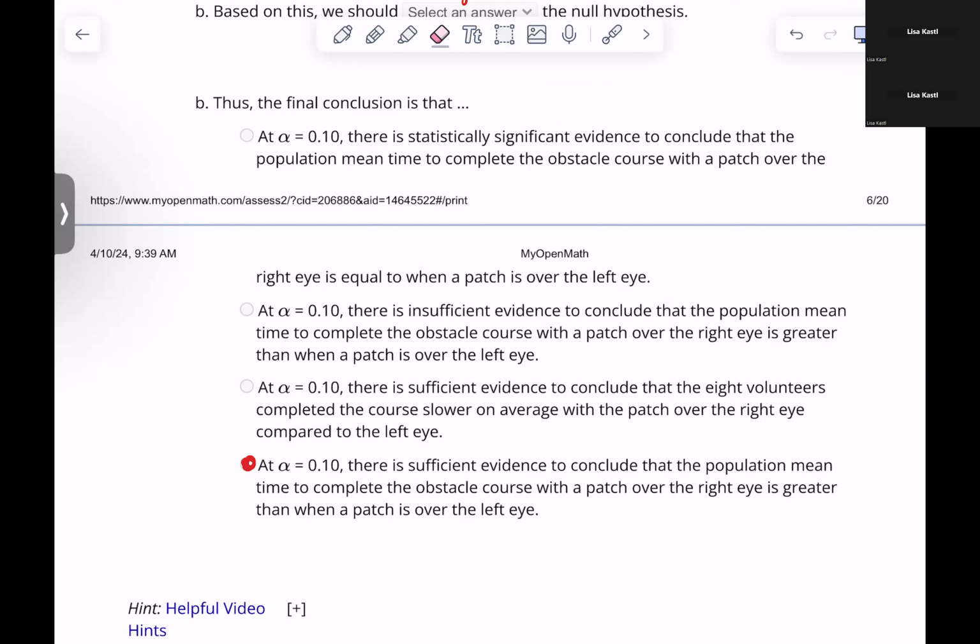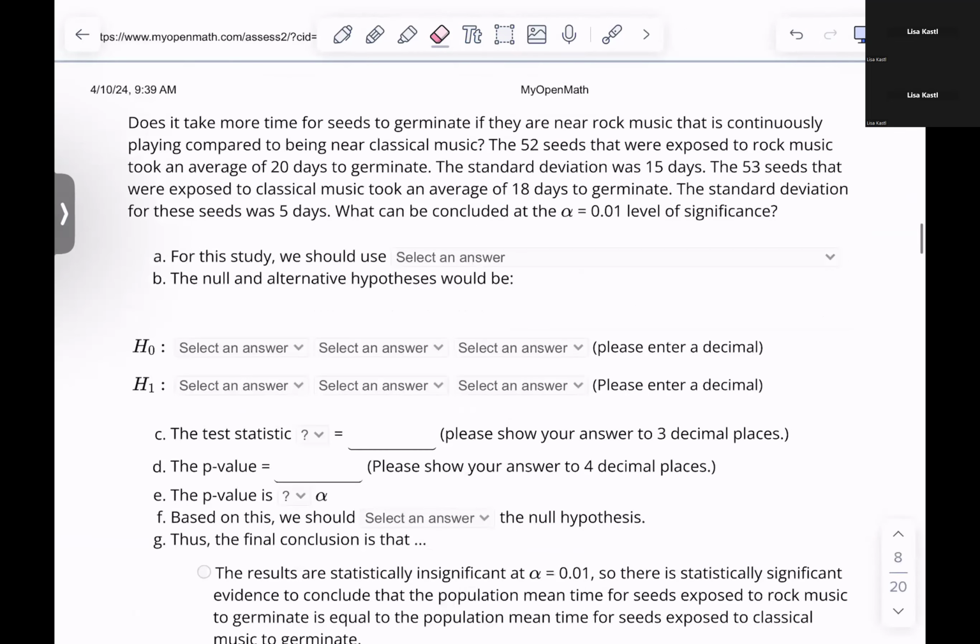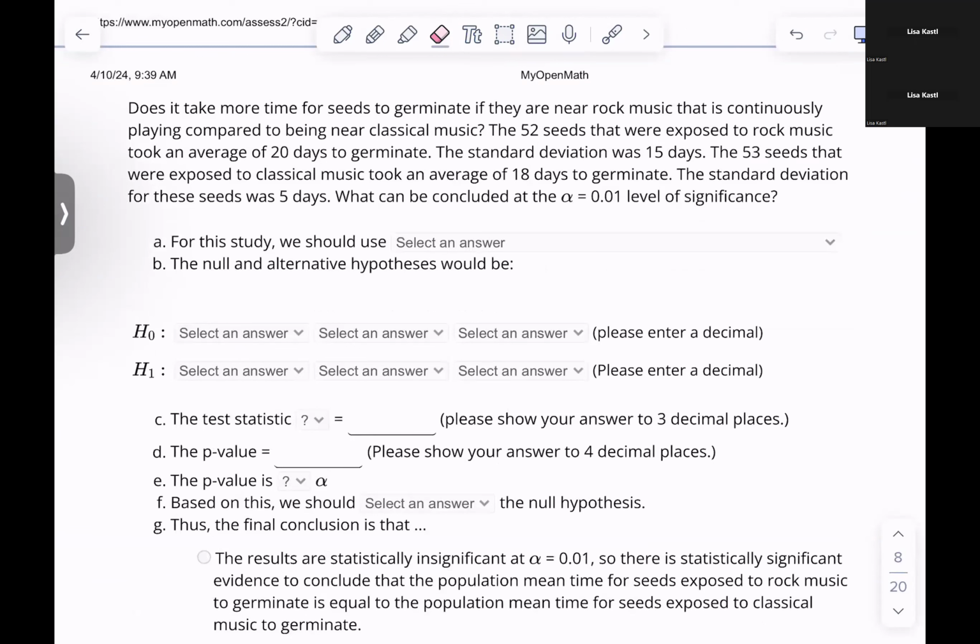So I don't know. I will grade this one. I studied this for like 20 minutes and I thought, I don't think any of those are correct. Okay. Move on though. Got to move on.